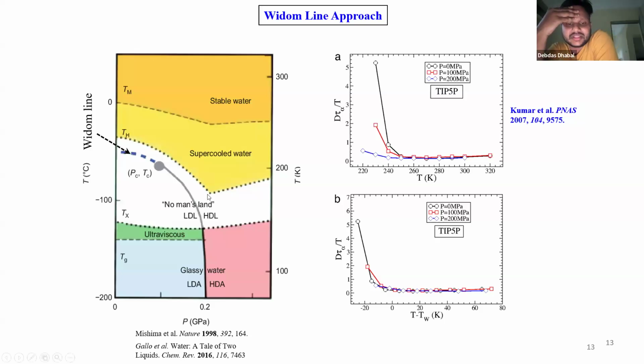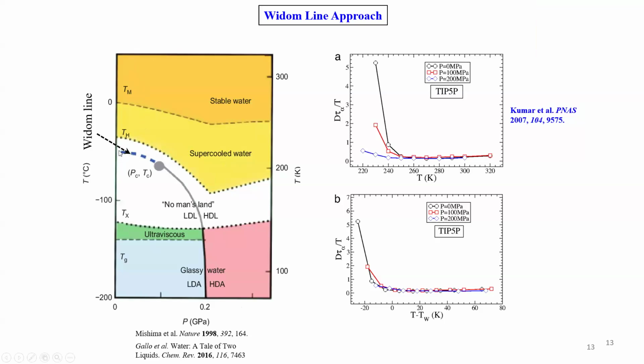Very simple. You are increasing pressure, so you are encountering the Widom line at lower and lower temperature. You can see the Widom line is bent, curved. So as you increase the pressure, you encounter the Widom line at lower and lower temperature.